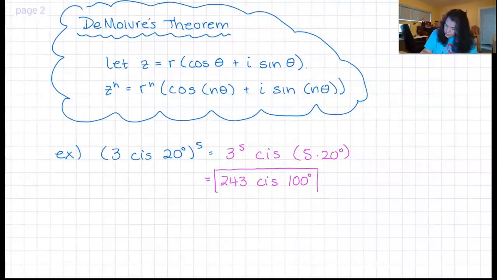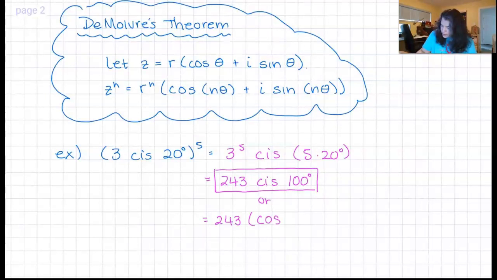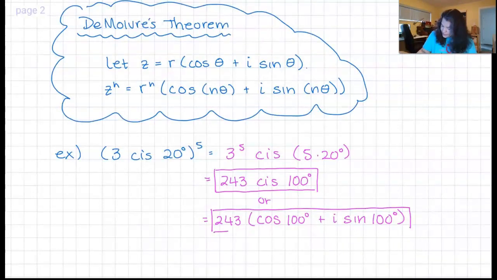That is an accepted form, like I said. But just to reinforce it, remember that is the same thing as 243 cosine 100 degrees plus i sine 100 degrees. How nice is that? Yay! All right, let's just do one more example, and then we'll be done.